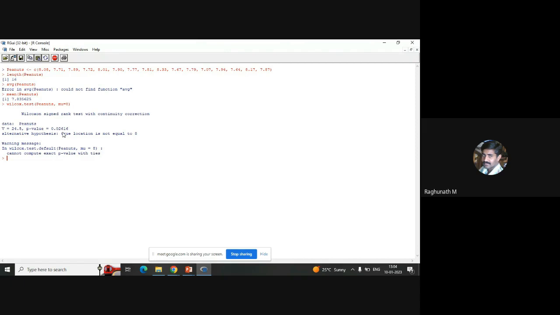If I consider 1%, alpha will be equal to 0.01. Here, the p-value exceeds 0.01. Here, we do not reject. Always remember that we are not at all accepting.